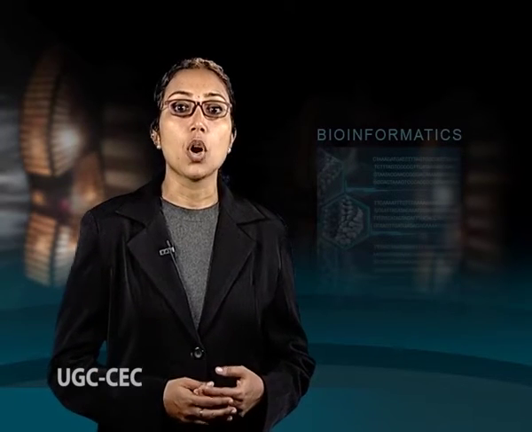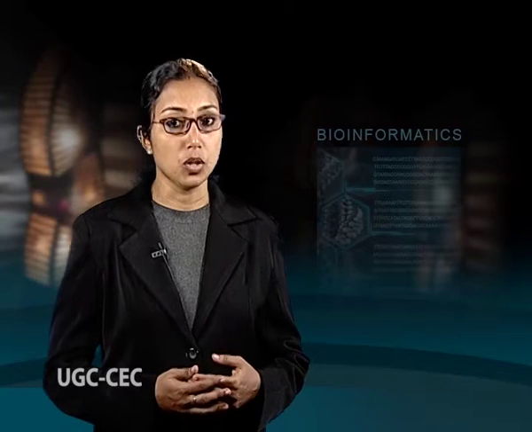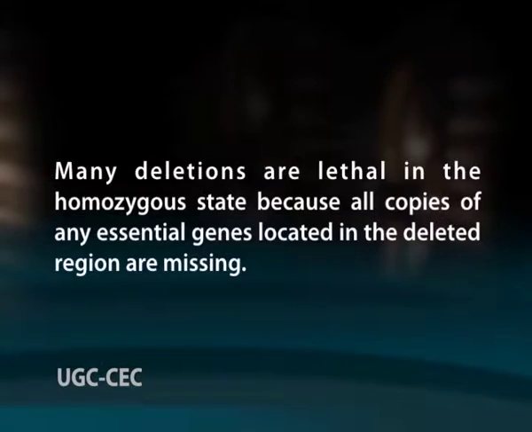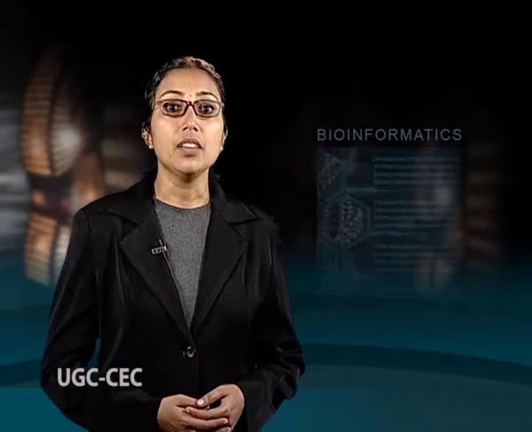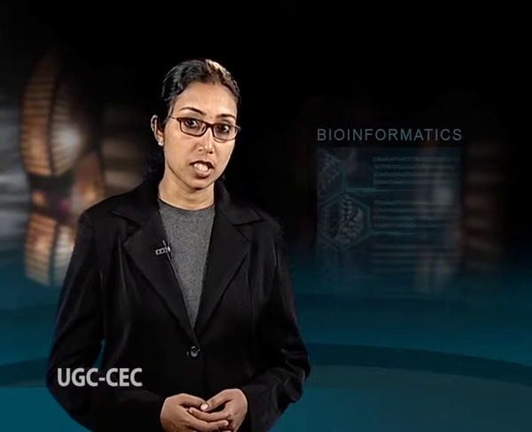If the deletion includes the centromere, the chromosome will not segregate in meiosis or mitosis and will usually be lost. Many deletions are lethal in the homozygous state because all copies of any essential genes located in the deleted region are missing. Even individuals heterozygous for a deletion may have multiple defects for three reasons.